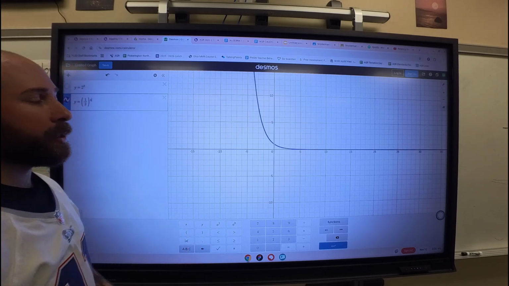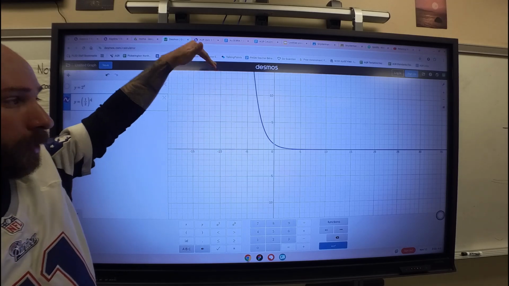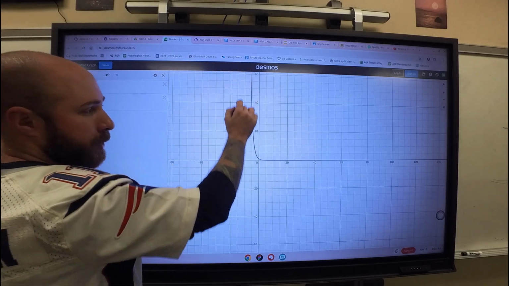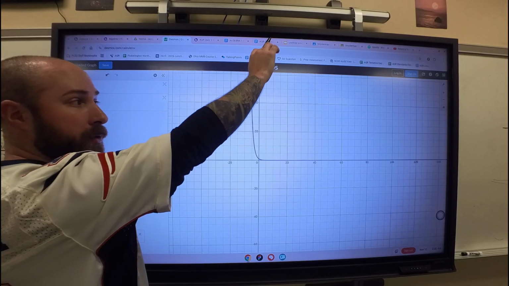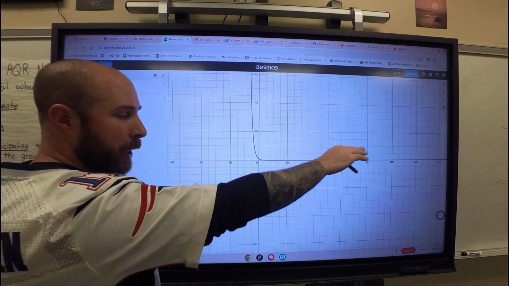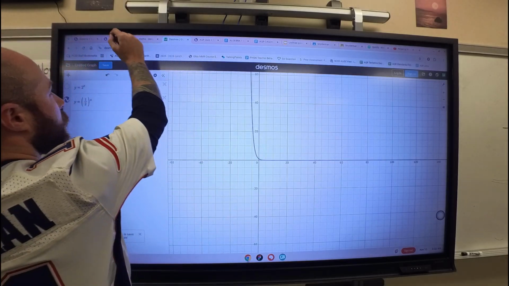And we can see that now, because it's 1/2, we're going down, we're decreasing. We can see that this graph is going down and to the right instead of up and to the right. And again, it's the same thing. Our domain, we already talked about it, it's going continuously in both directions.